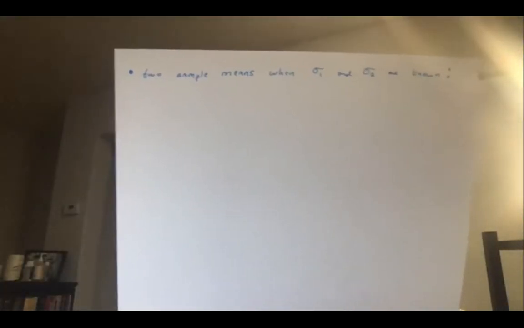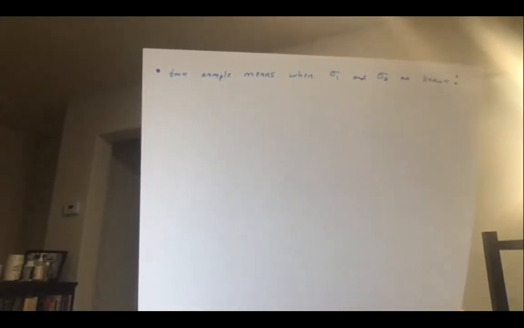So the next one is going to be 2 sample means. This, by the way, is chapter 21. 2 sample means when sigma 1 and sigma 2 are known. So this is 2 sample means when sigma 1 and sigma 2 are known.